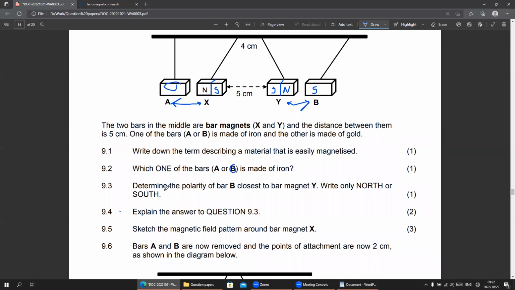Then you have to state that X and Y are repelling each other.